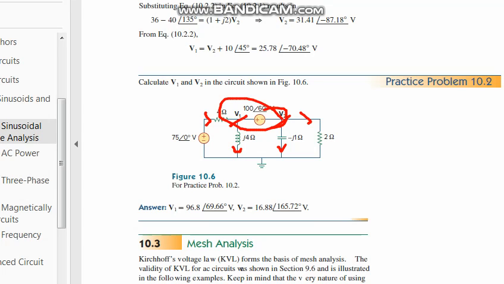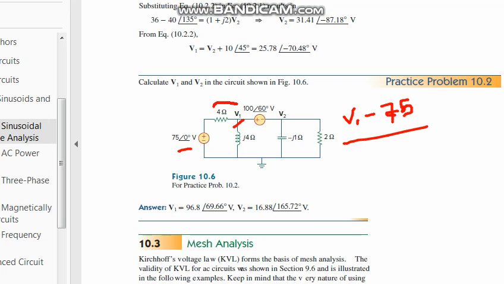If you want help or a hint, I can give you a hint. That is V1 and that is the source voltage. So you can easily write (V1 minus 75) divided by 4 ohms, which gives the incoming current.